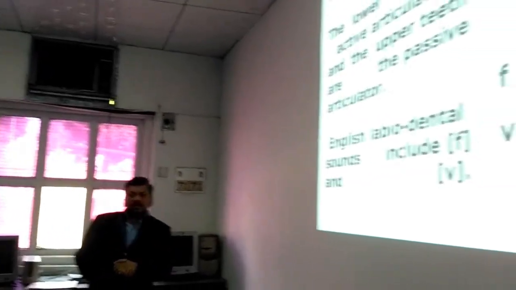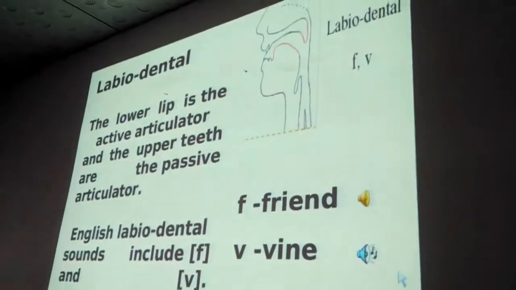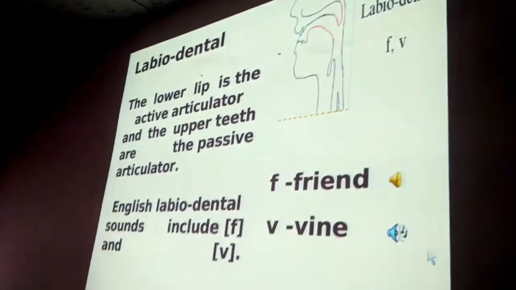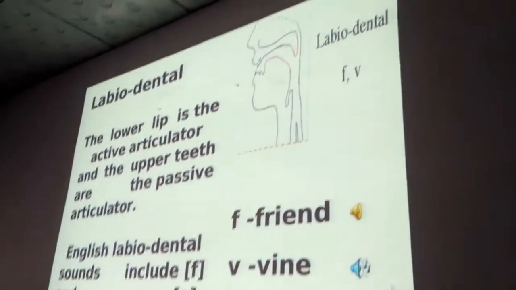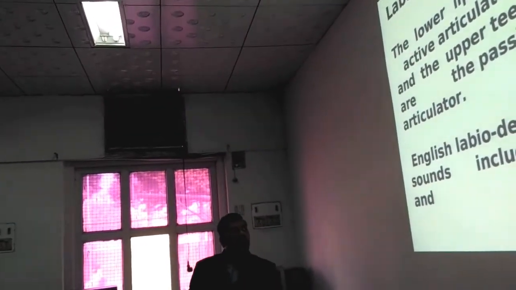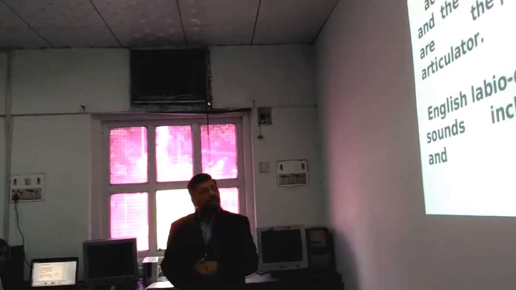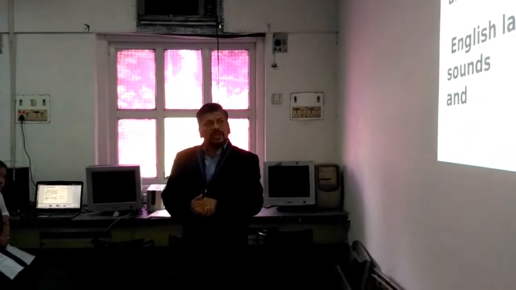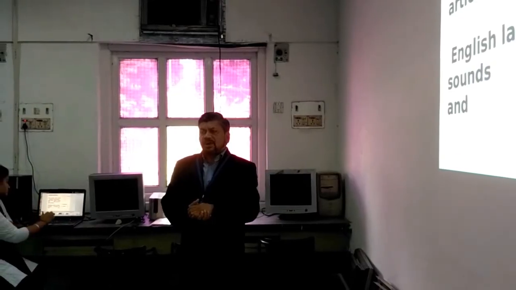The next category of consonant sound is labiodental. Here the lower lip is the active articulator and the upper teeth are the passive articulator. English labiodental sounds include f and v.